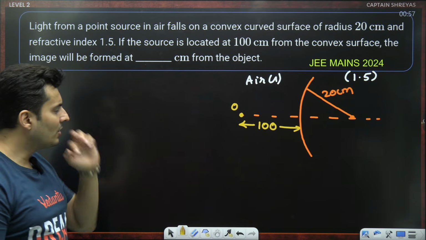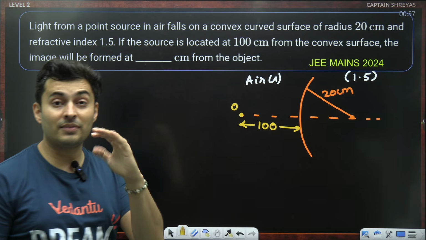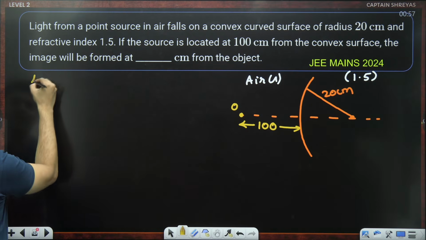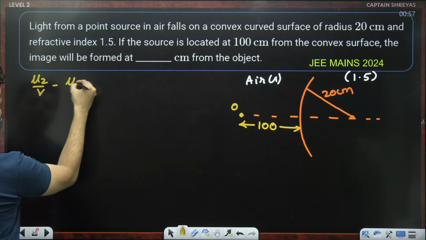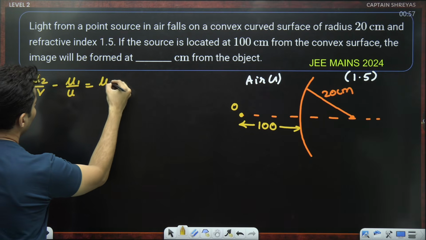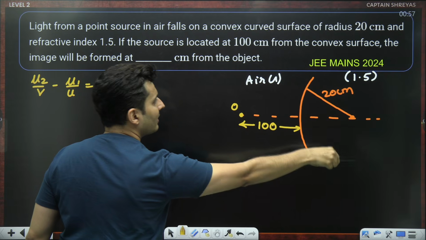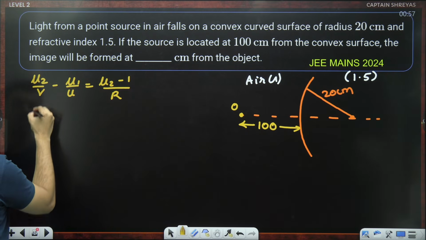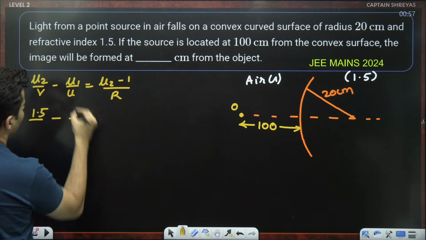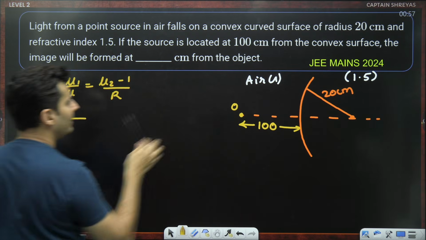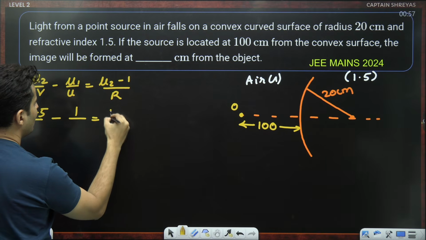The only thing I can think of is the curved surface refraction formula, which goes like this: mu2 by V minus mu1 by U is equal to mu2 minus mu1 by R. Mu2 is the refracted side refractive index, which is 1.5. Mu1 is the incident side refractive index, which is 1. So the same order will follow.